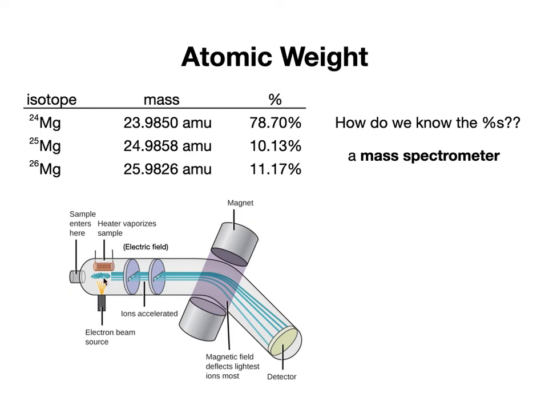So you form ions here, and then you have an electric field, okay? Charges are applied to this plate, and that causes the ions to be accelerated, right? So if I have a positive charge here and I put a negative charge here, that's going to attract that ion.